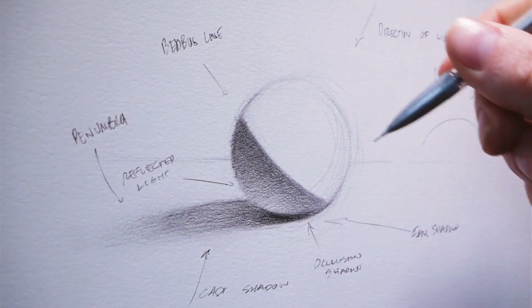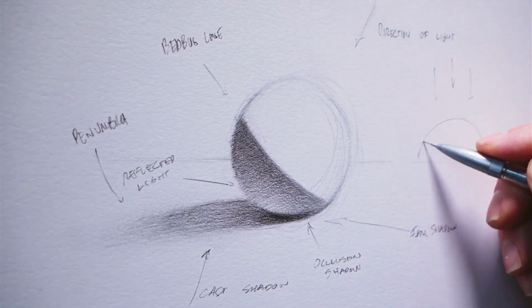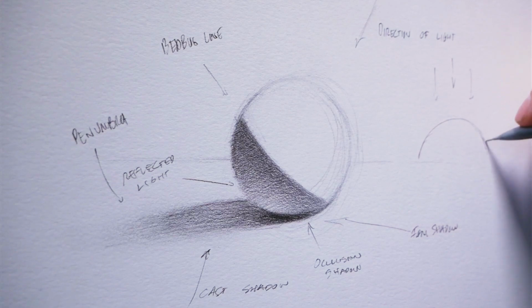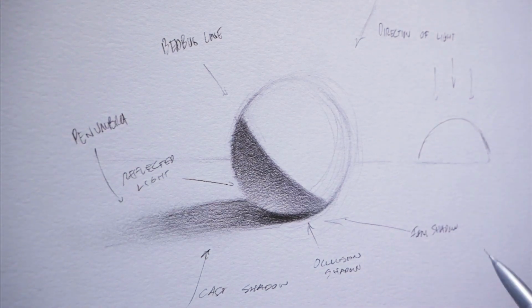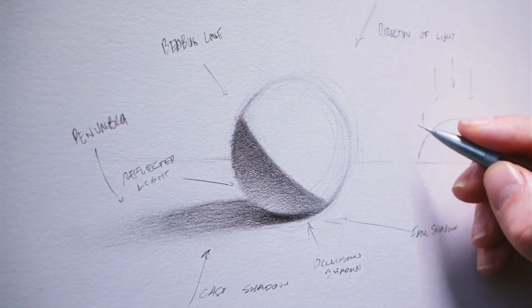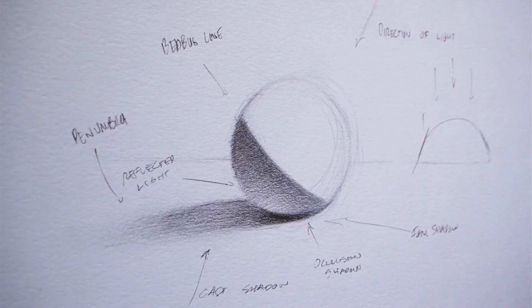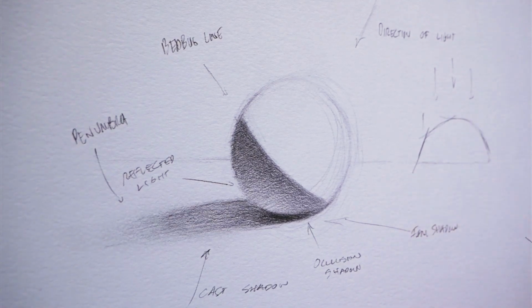So that's what we're looking at. You can sort of see, if we imagine the sphere as a half circle, and there's a certain point maybe here where the sphere is going into shadow, this angle is very steep. But this angle is a lot more shallow.